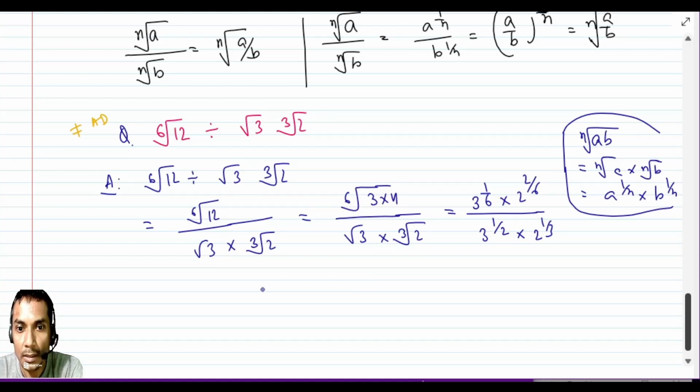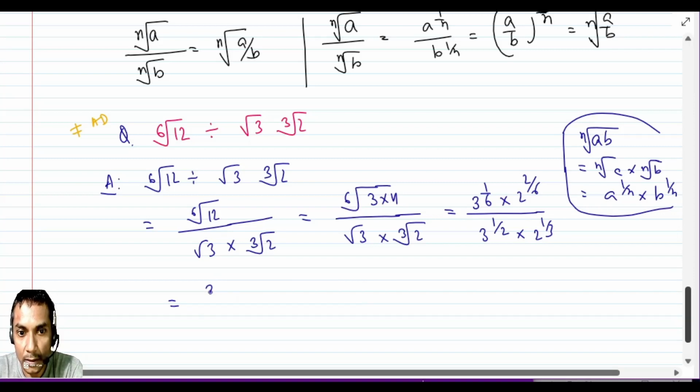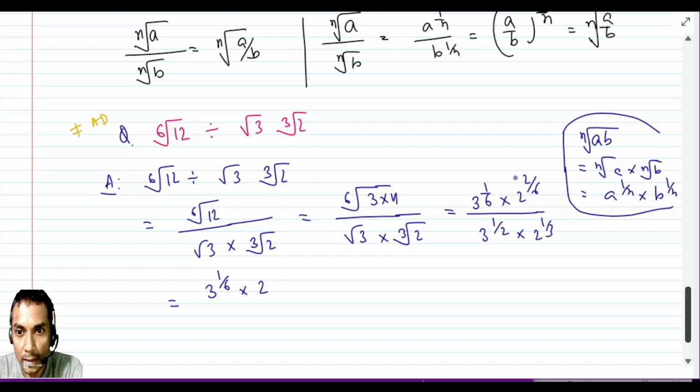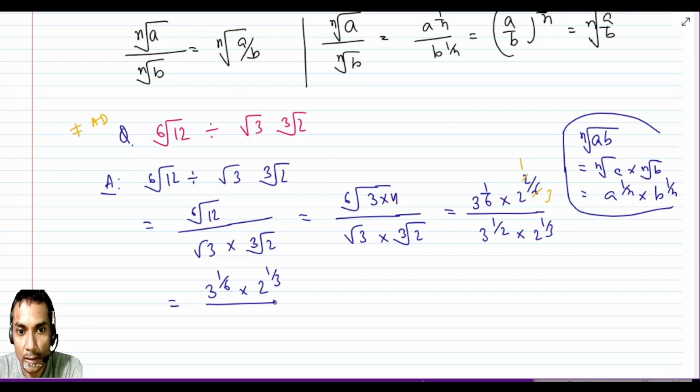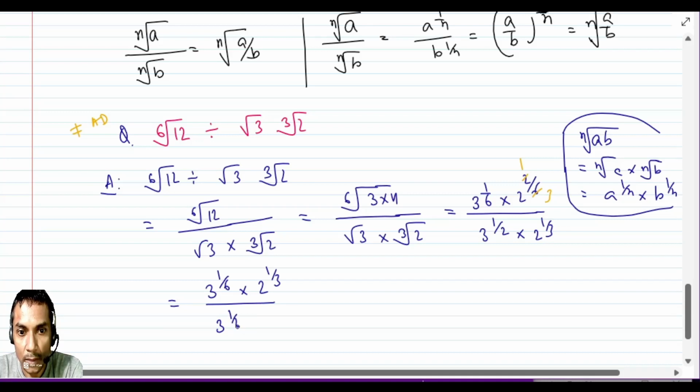Next step is, keep the 1 by 6, and here it is 2 to the power, you can simplify this, 1 and this 3, so 2 to the power 1 by 3. Clear? So 3 to the power 1 by 2 into 2 to the power 1 by 3.